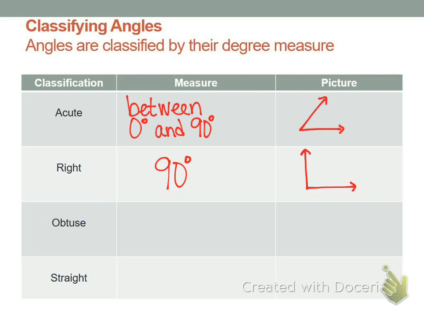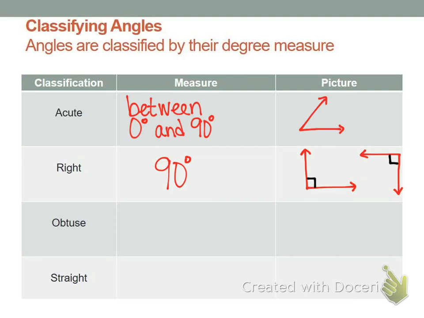We could have right angles that would be flipped around some way, but it should be what we think of as a perfect corner. Okay, a 90-degree angle, a right angle. Does anyone know what symbol we will often see written inside right angles to identify them? A box. A box or a square, yes. So if you want to add that to your picture, go ahead. We usually see these little boxes in the corner to symbolize a right angle.